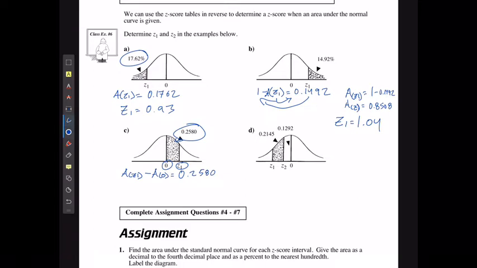Well, when z equals 0, then that is going to give me an area of 0.5.